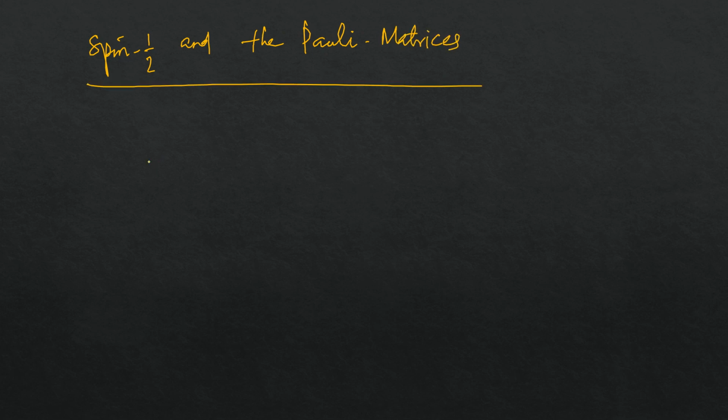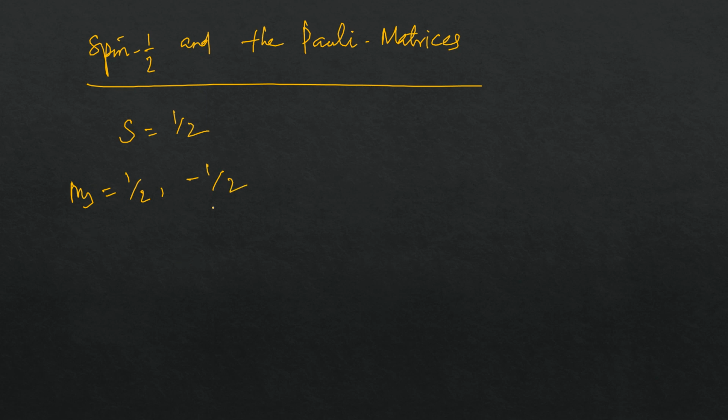Now, spin half and the Pauli matrices. For example, spin is half. So what are its ms values? Half and minus half.